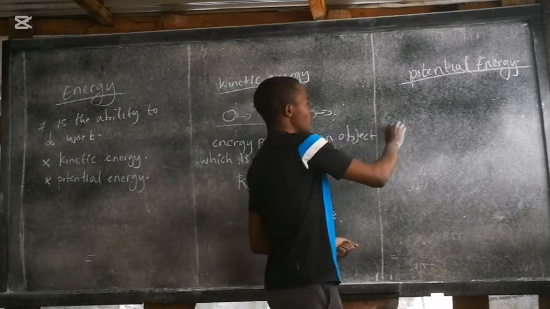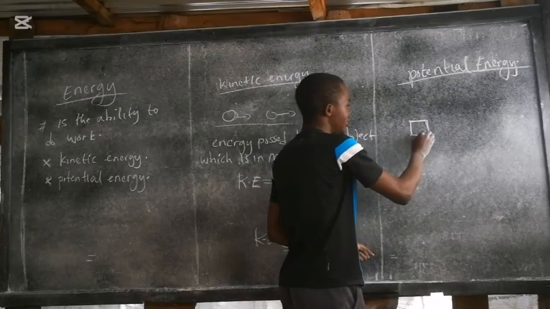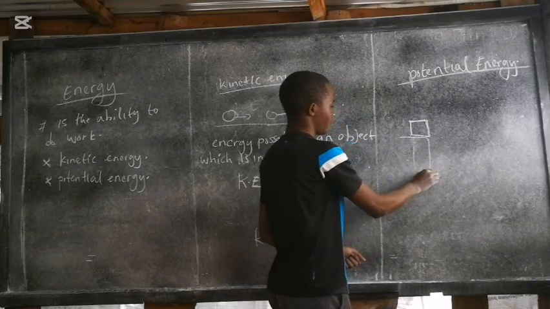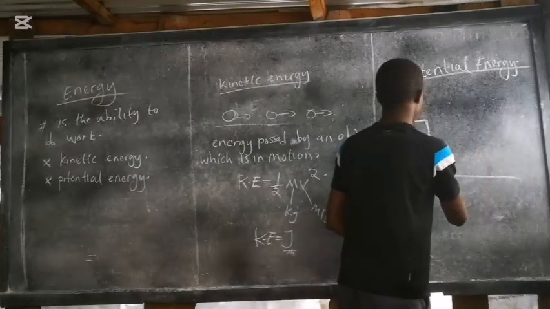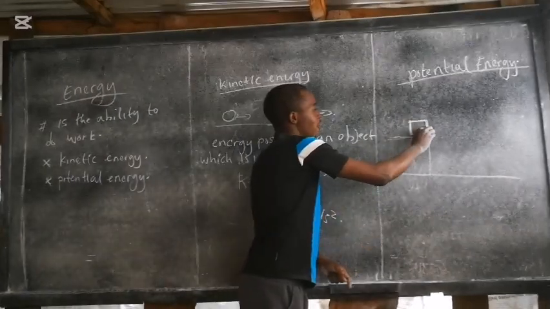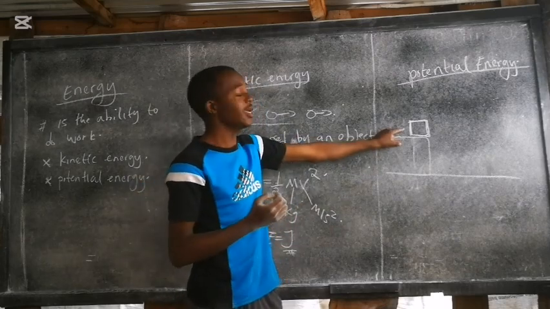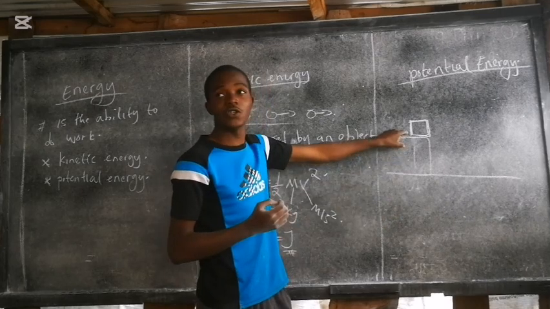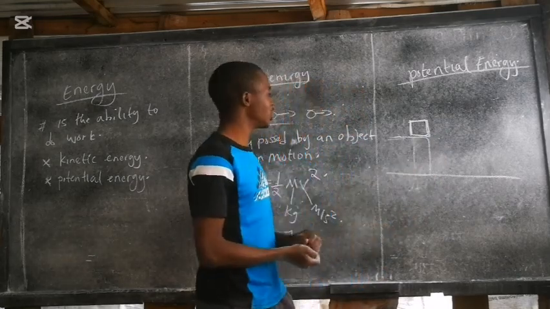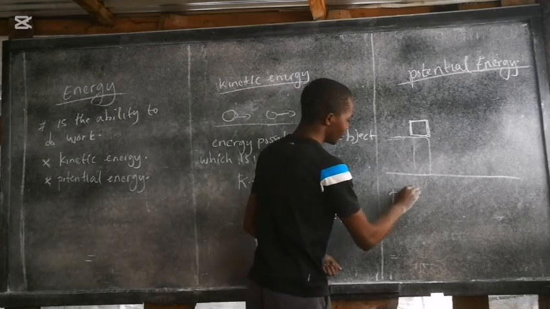For example, this is a cliff. Each and every object which is not in motion contains potential energy, because it is not moving. And the formula for potential energy is equal to what?